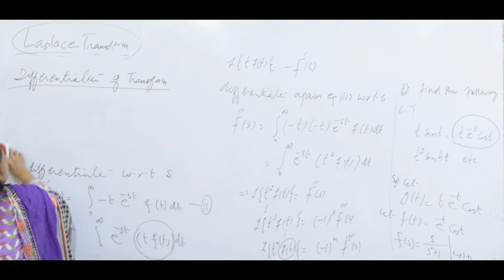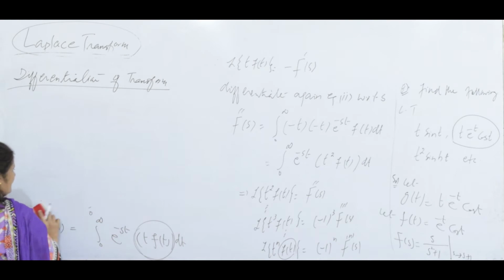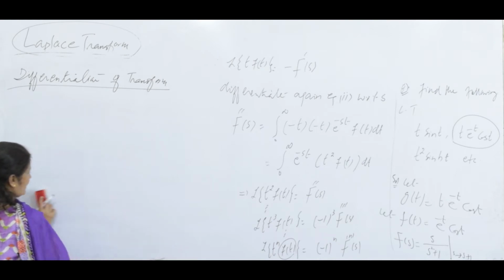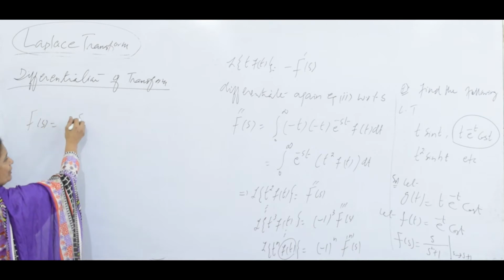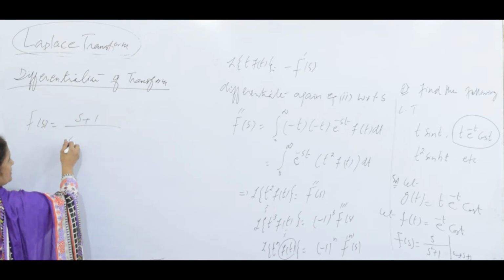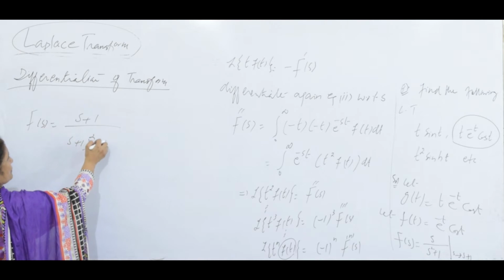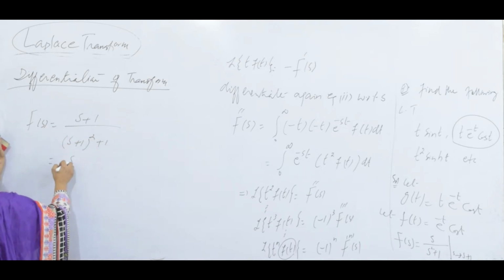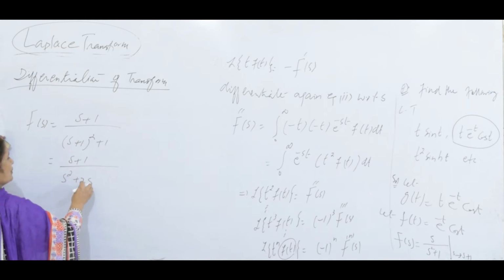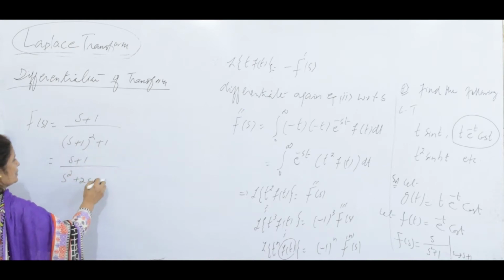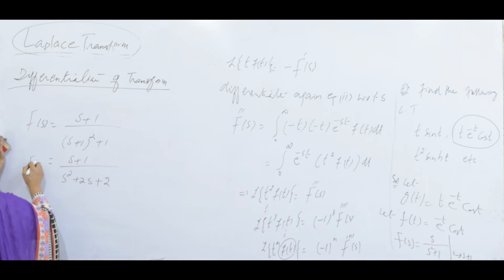So replacing s by s plus 1, we are left with F(s) equal to (s plus 1) over ((s plus 1)^2 plus 1). This is (s plus 1) over (s^2 plus 2s plus 1 plus 1), make it 2, and this is F(s).